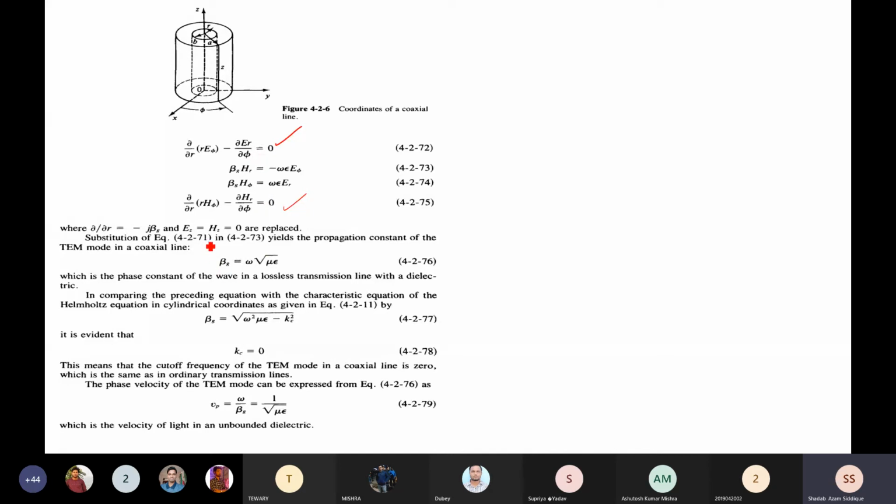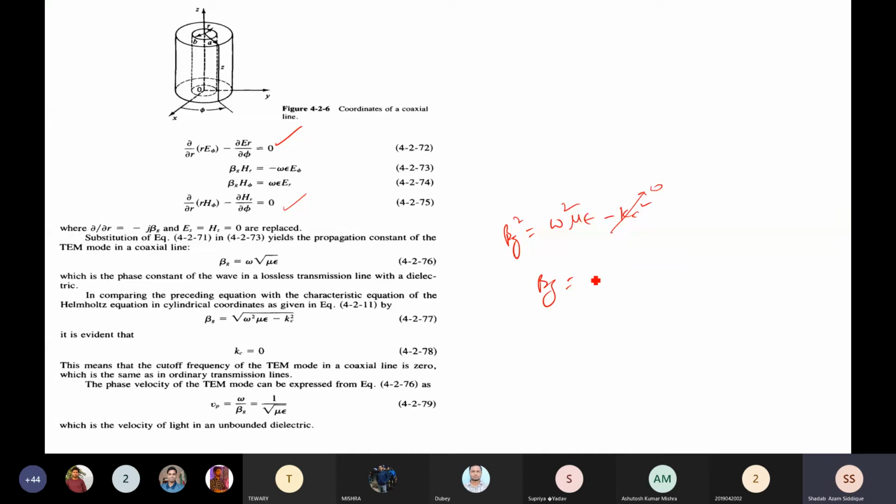Now you can take out the propagation constant beta g. Already we have beta g square equal to omega square mu epsilon minus kc square. Here kc, the cutoff wave number, becomes 0, because there will be no cutoff, as there is no wave propagating in the z direction.